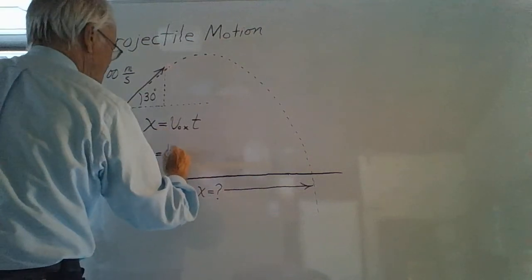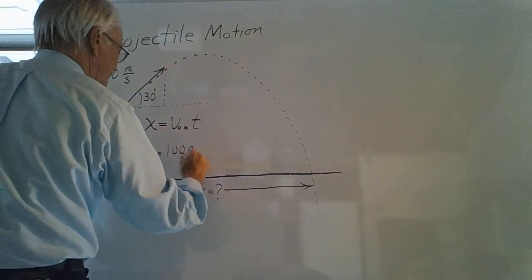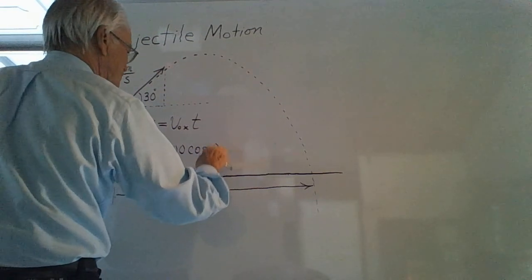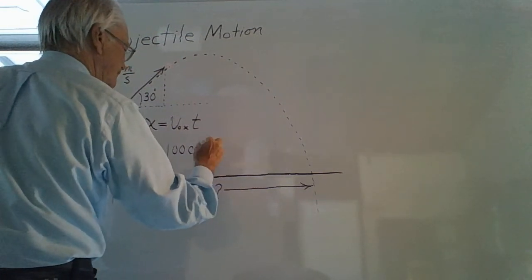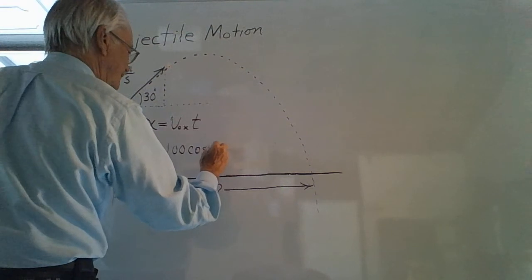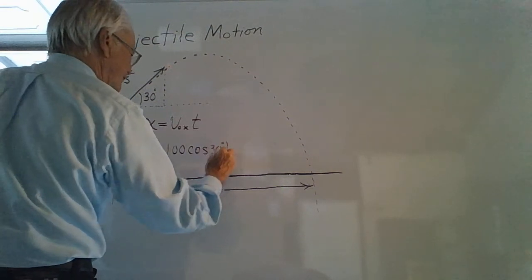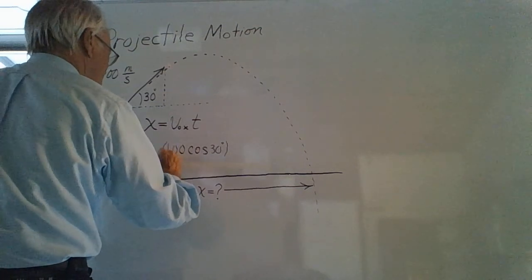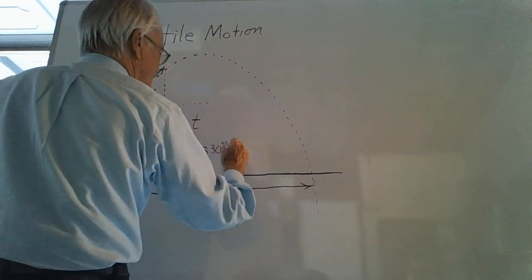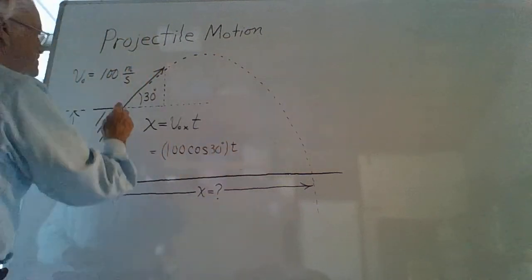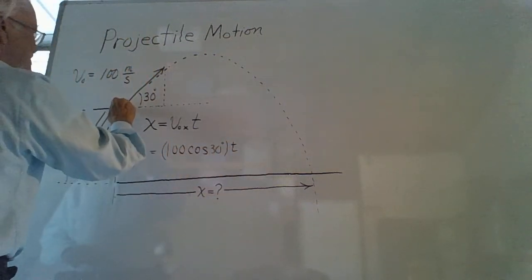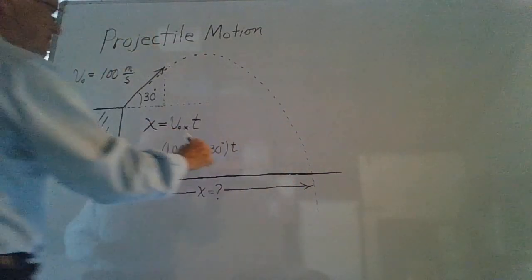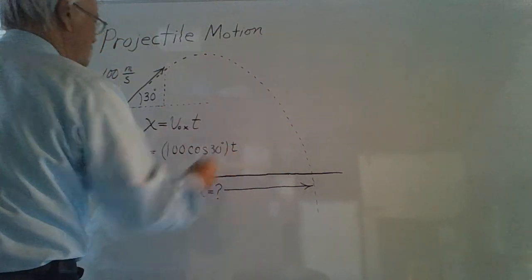So this is 100 cos 30 degrees times the amount of time t it takes to go from the top of the cliff to the valley floor. So everything hinges on our being able to determine the value of t.